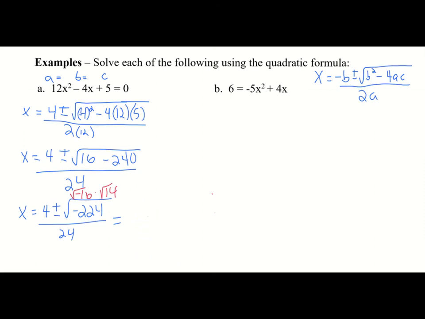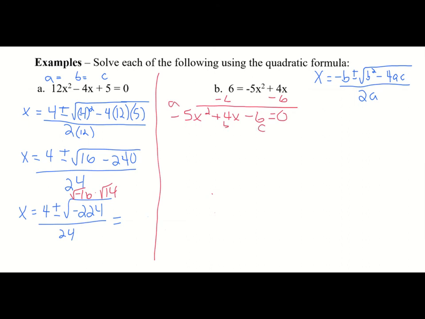Okay, so now for B, you want to have your quadratic written in standard form, so it has to be equal to 0. So I am going to subtract 6 from both sides. And we end up with negative 5x squared plus 4x minus 6 is equal to 0. And so this will be a, this is b, and that's c.